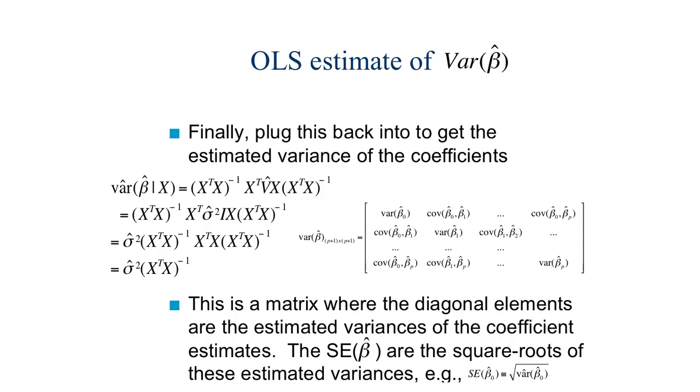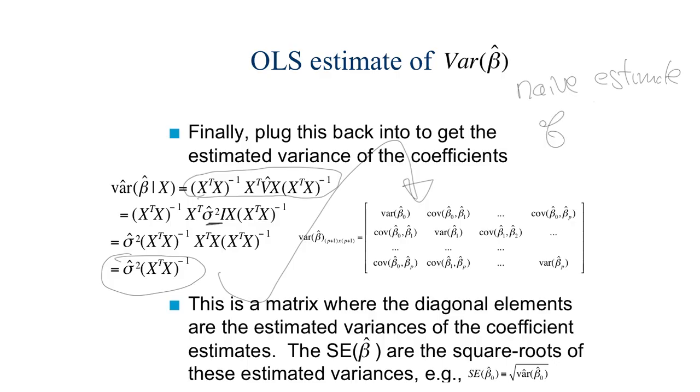So again, if I plug that in, remember we have this general form. This doesn't assume any particular variance model, but now we're plugging in an estimate or assuming a model. When I do that, things cancel out and I end up with this. So this is what they report in standard linear regression. This is the naive estimate.